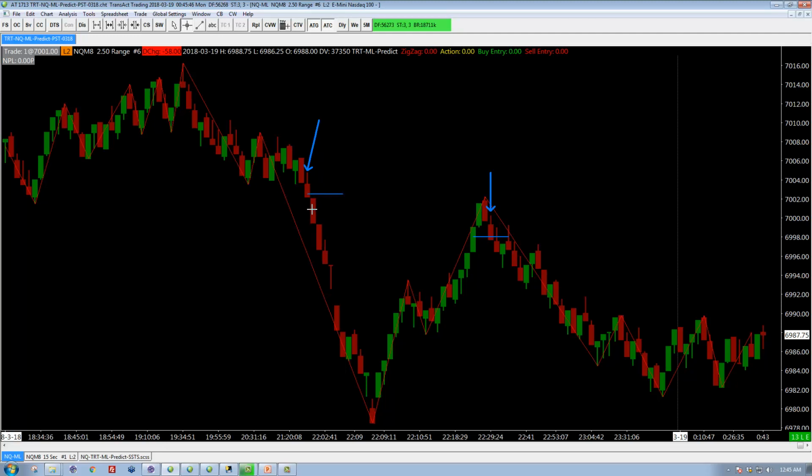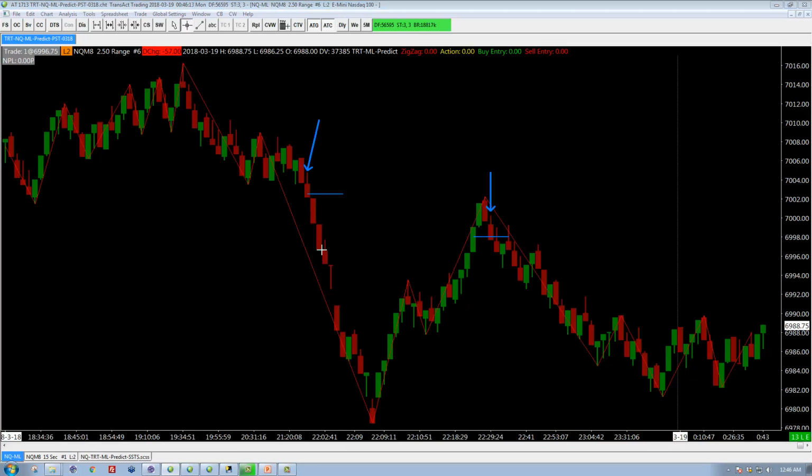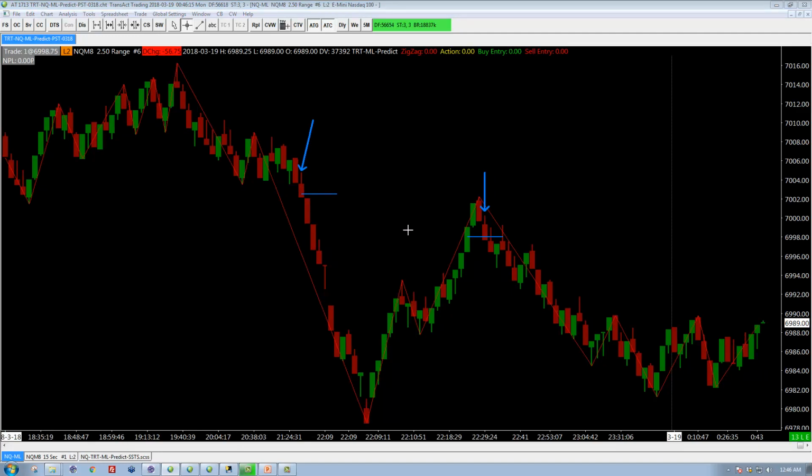You can see that order is not going to get filled, because the market is just falling apart here. So when do I cancel that order? How long do I wait before I go, I'm just not going to get filled? We're answering that question with this cell. This says 1, which means I need to get filled on the next bar. If 1 bar completes after I place my order and I'm not filled, then cancel the order.